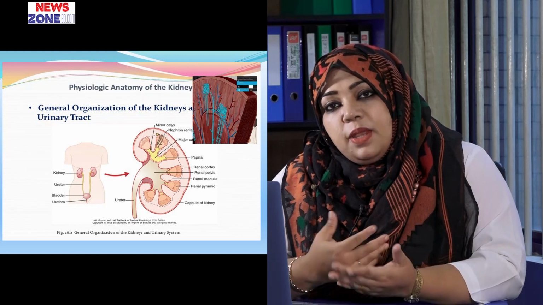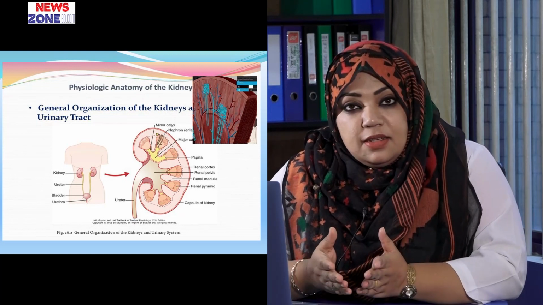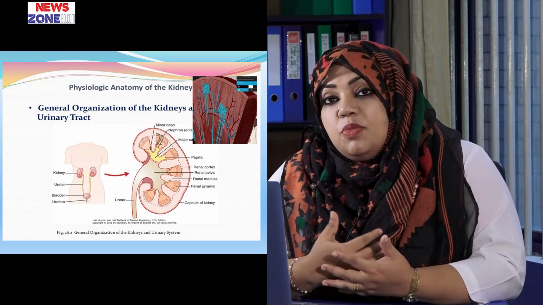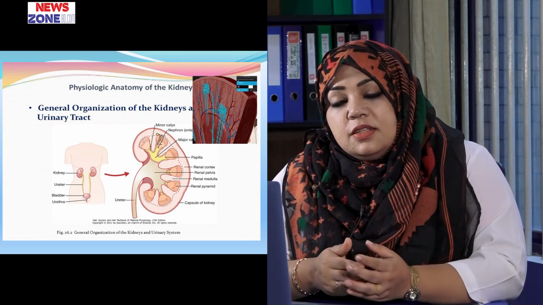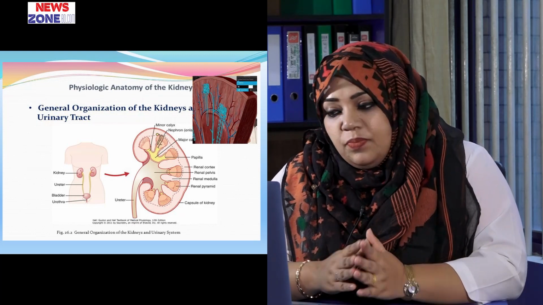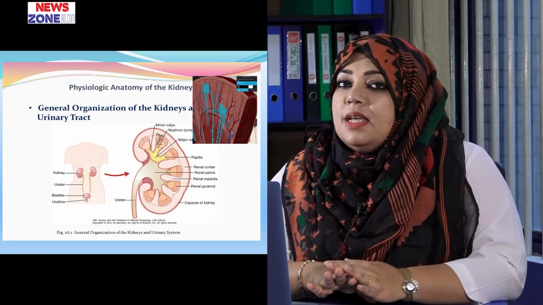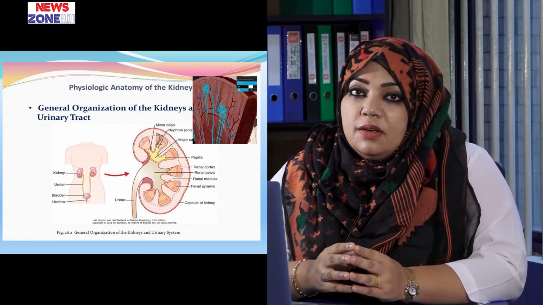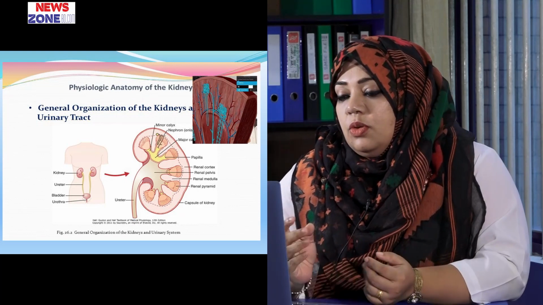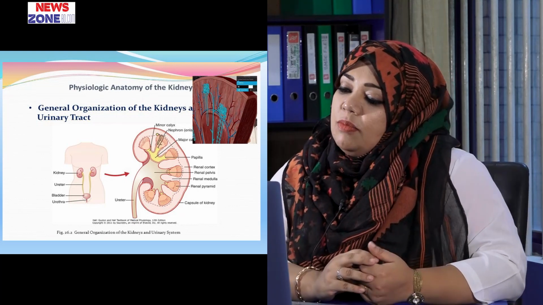So they propel the urine like a peristaltic process towards the bladder. So if there is any stone impacted in any of these sites, it will cause severe colicky pain. So this is the bisected diagram of our kidney where we can see the structure.